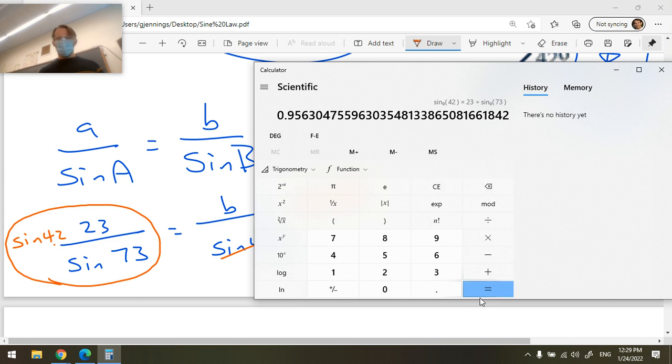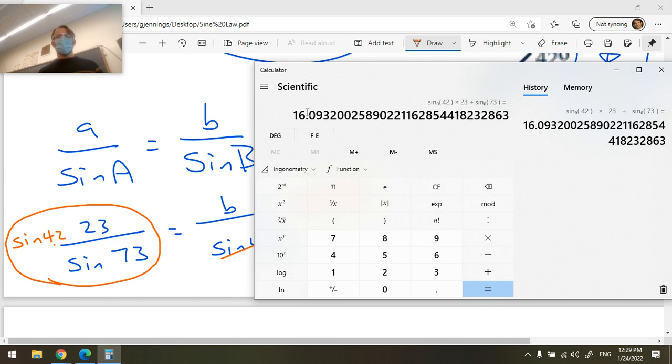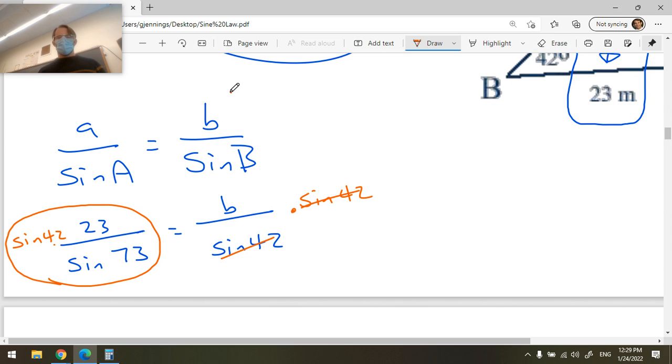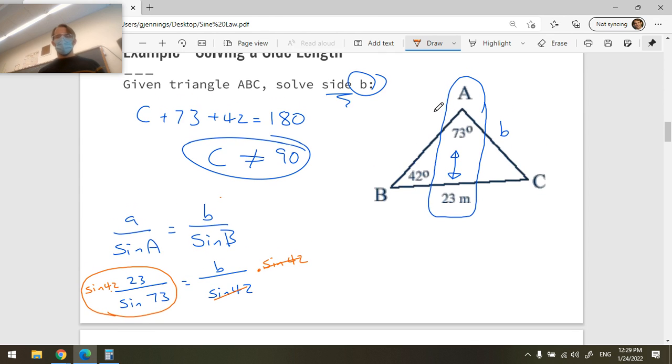That's the sine of 73. Then I push equals. It tells me that side is 16.09 long. So 16 long is just fine. Side B is equal to 16 meters.